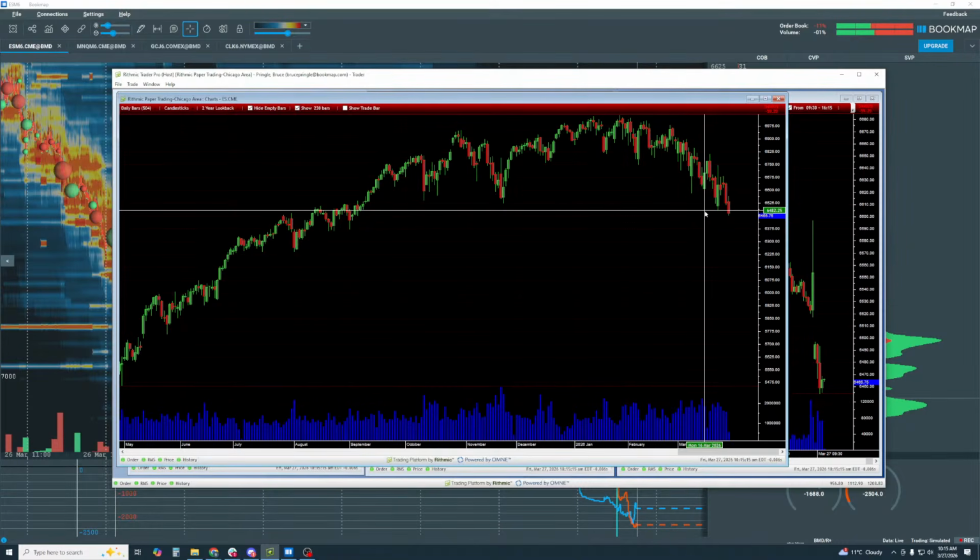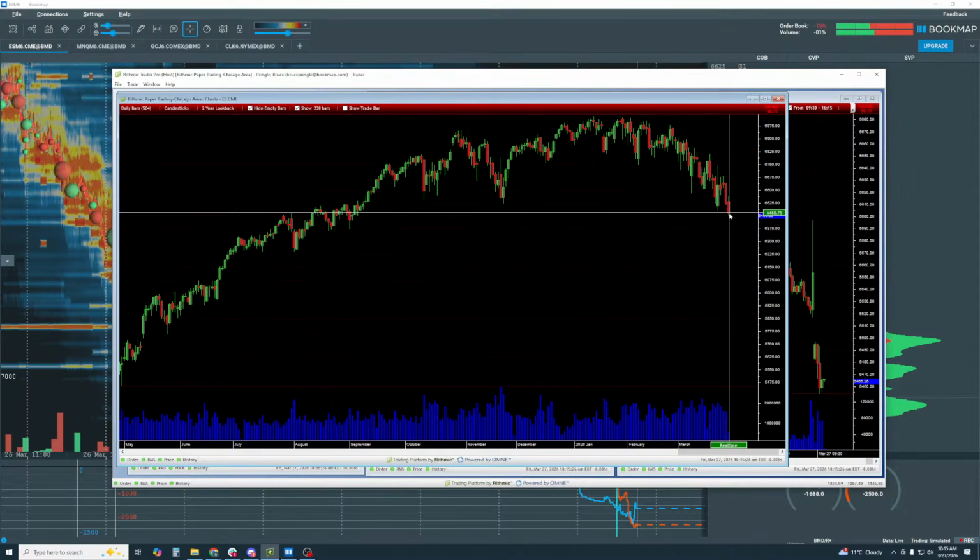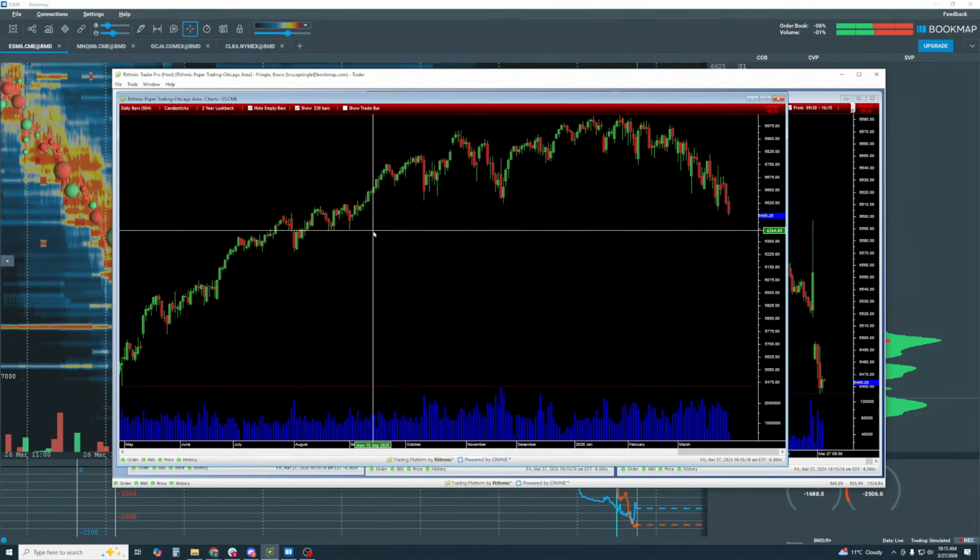And where are we going? Well, we're going to be looking for more acceptance below here. Okay, we might not get it. During this time, during the webinar, we typically see a reversal. I anticipate the same, but looking for these other swings down here.